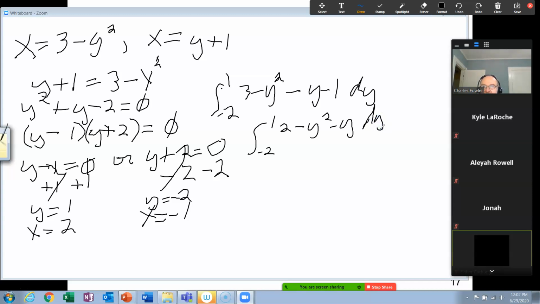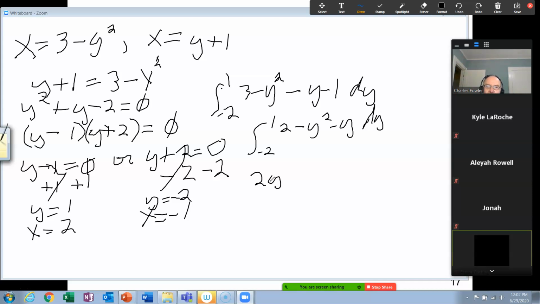Now, what's the antiderivative? This is where the calculus comes into play. That's all been algebra so far. What's the antiderivative of 2? You're integrating with respect to y. No, 2y.